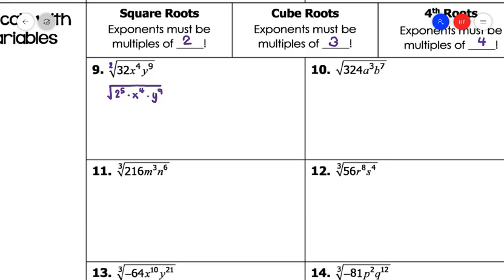So since my index is 2, I'm going to write 2 to the 5th as multiples of 2. So I can say that's 2 to the 4th times another 2, right? Because when I add those two exponents together, I get 5. I can say x to the 4th is x to the 4th since that is a multiple of 2. And y to the 9th could be y to the 8th times another y.